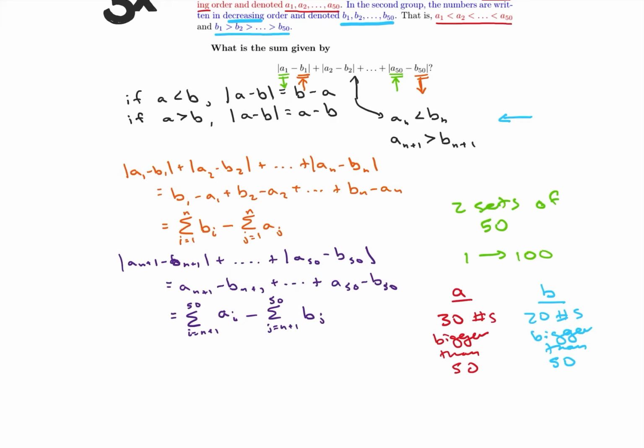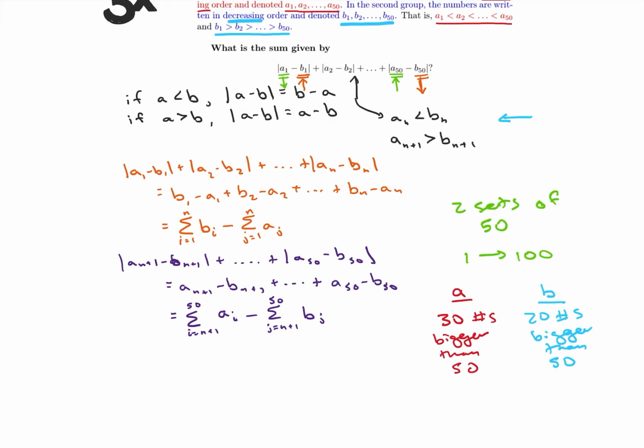But then the next 30 digits of A would all be bigger than 50, and the next 30 digits of B would all be smaller. So everything from B sub n plus 1 to B sub 50 would then be less than 50.